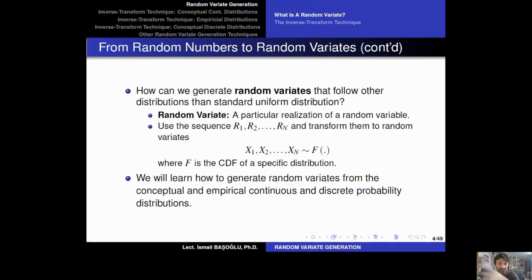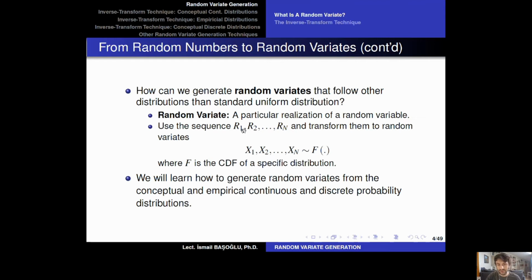When you generate statistical data that follows a certain distribution, then that data with quantified values are random variates, basically.